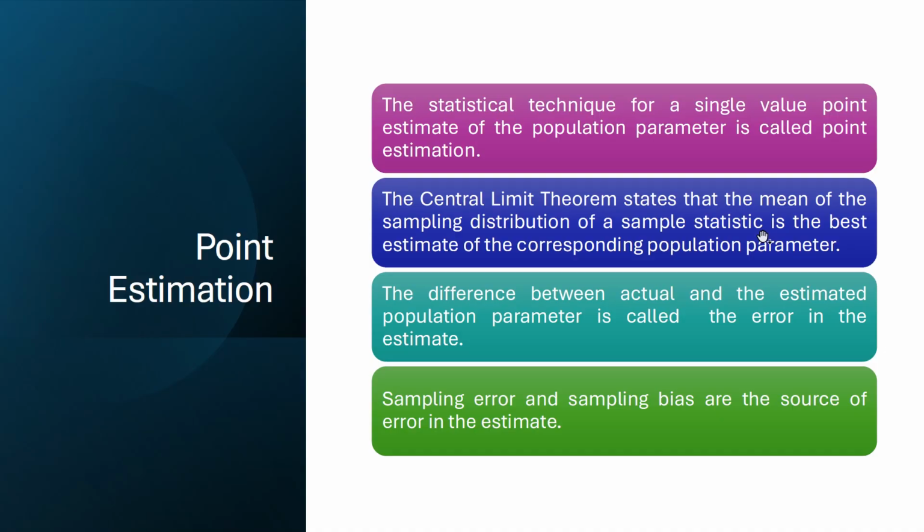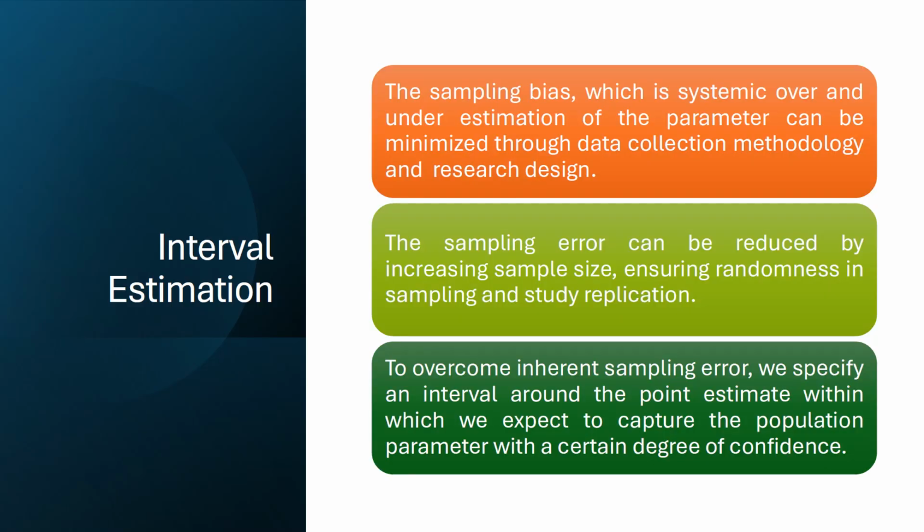Let us look at addressing the sampling error and the sampling bias. The sampling bias, which is a systematic over- and underestimation of the population parameter, can be minimized through appropriate data collection methodology, research design, and the measurements used in the study.